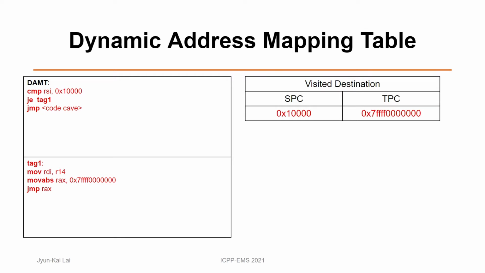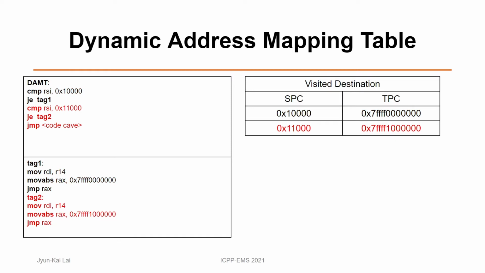If the lookup fails, the control is transferred to the handler. If a new SPC-TPC pair comes, the original jump instruction is overwritten, a few instructions are patched, and a new SPC entry is created. So does the second section with the new TPC entry.